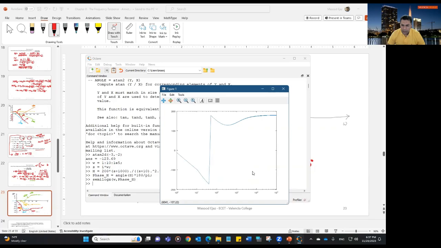That doesn't look right. Oh, it might be showing the discontinuity. All right, so it is going down. Yeah, this is not right for sure.